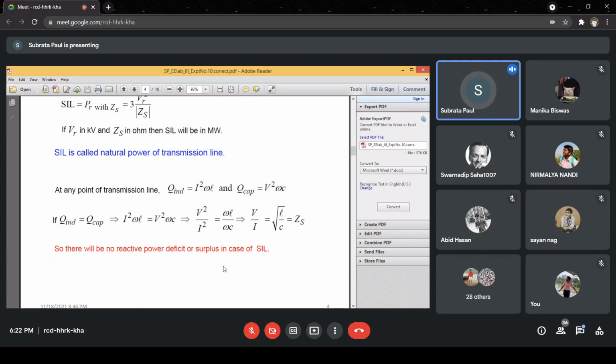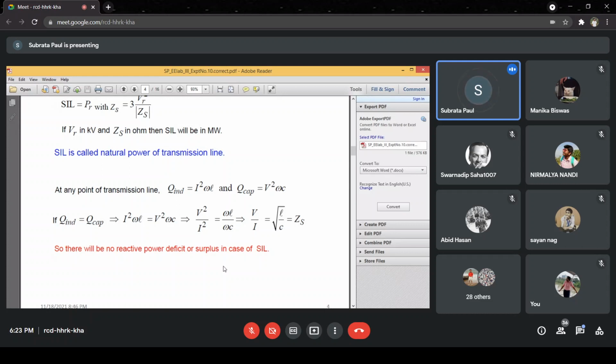You see, for a long distributed parameter line, just imagine a distributed parameter line. Then at every infinitesimal length of the line, we can assume some series inductance and shunt capacitance. Or at every point on the line, we can assume a series inductance and a shunt capacitance.